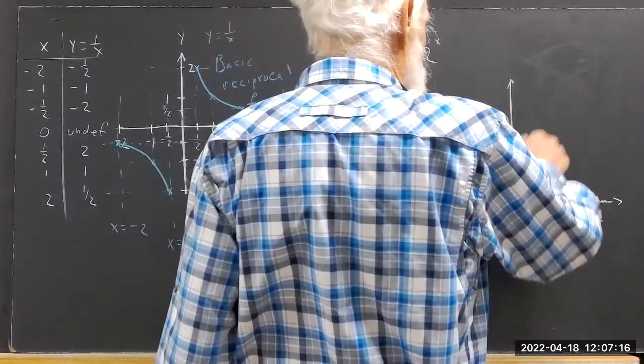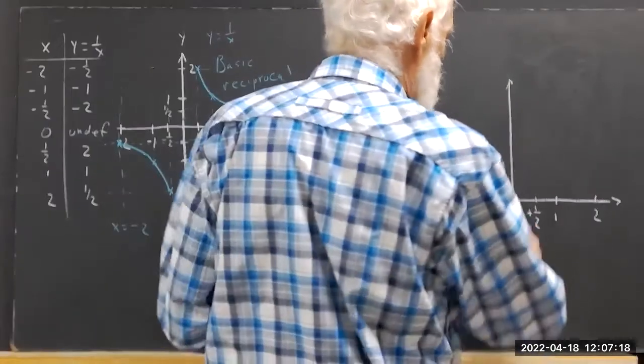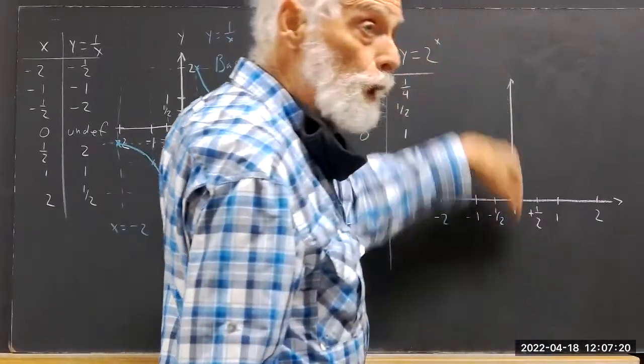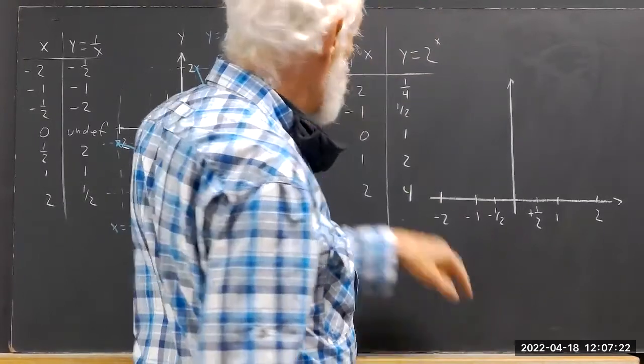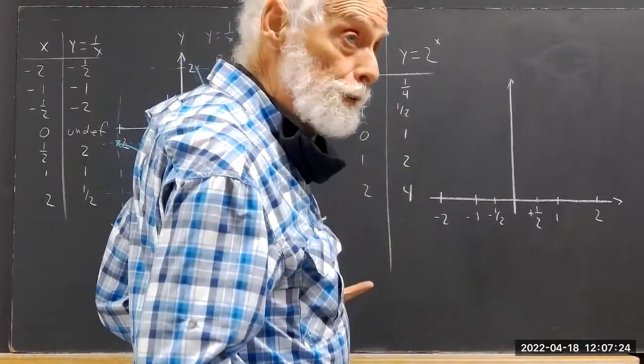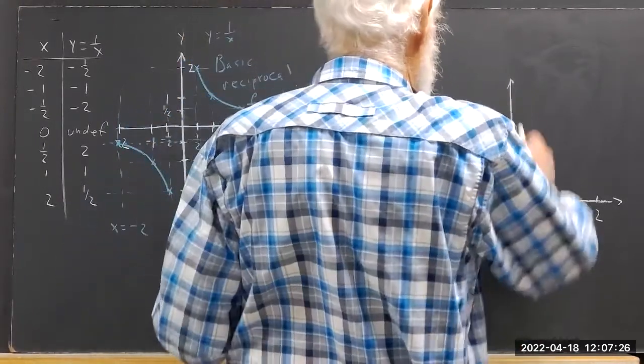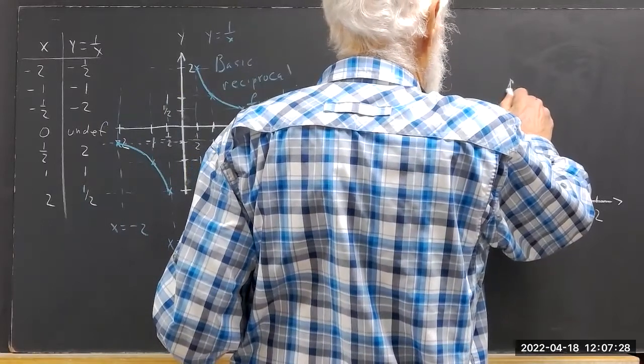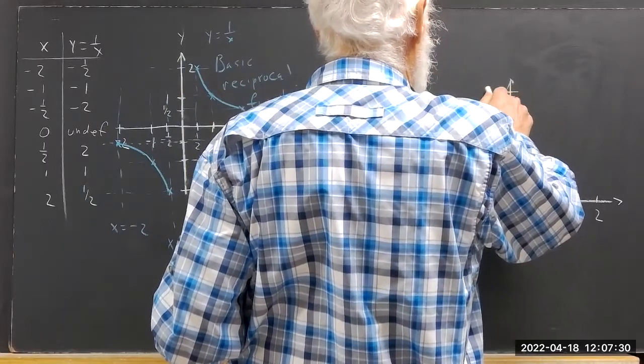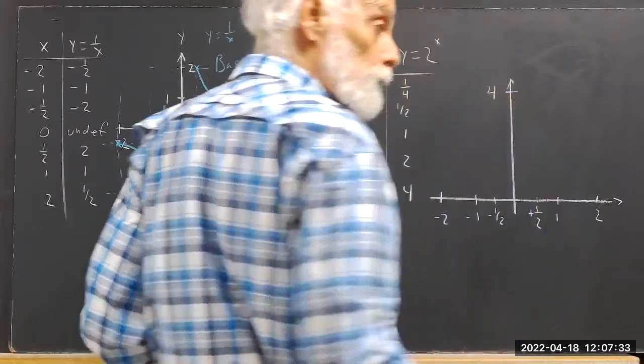So we don't need negative y values, and I anticipated that by not putting a lot of negative y-axis here. Because when I look at these numbers, I see there are no negatives. So there's no point in having a lot of negatives here, unless we're going to flip the graph over, which we might well want to do.